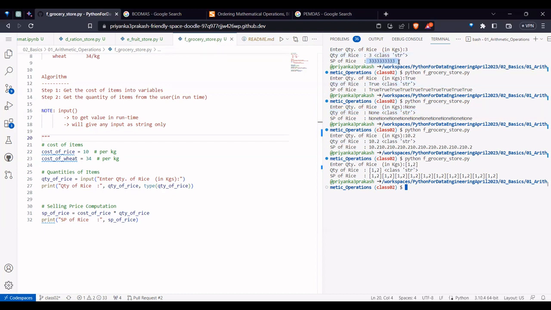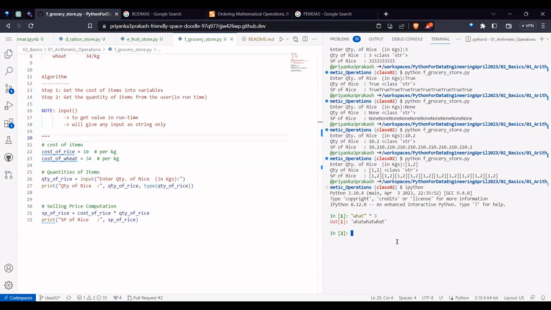But why you are getting this many numbers is called string repetition. In Python, there is a concept called string repetition. Generally, most languages don't support multiplication of an integer and a string. If I say what into 3, what will happen? "what" is coming 3 times, right?